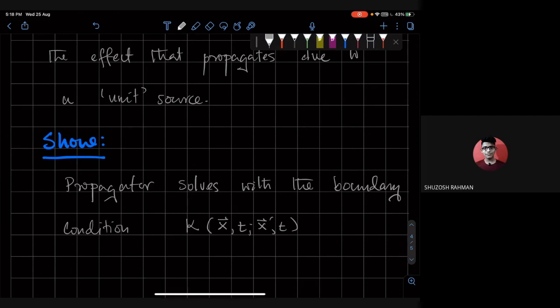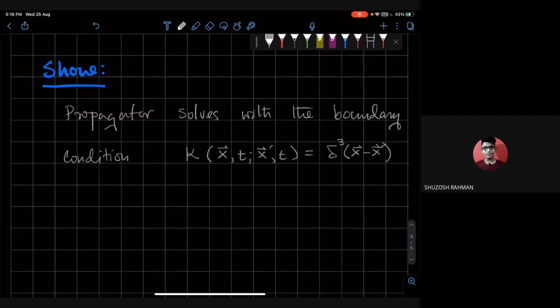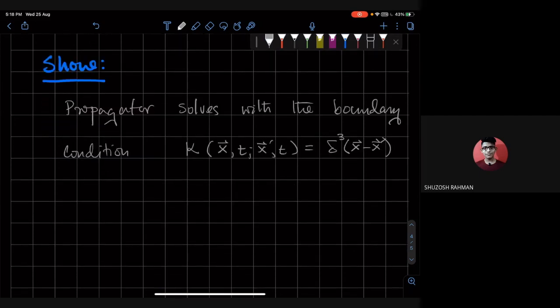So if the two t's are the same, then this should be delta, right? Basically, it should be the identity. Because that's exactly what we showed before. This is prime. So with the boundary condition, the propagator solves the wave equation with source.